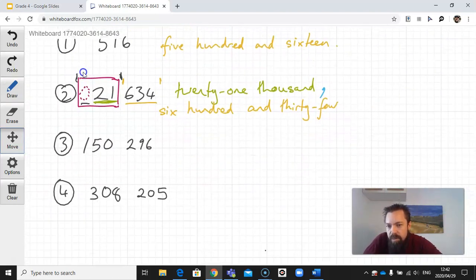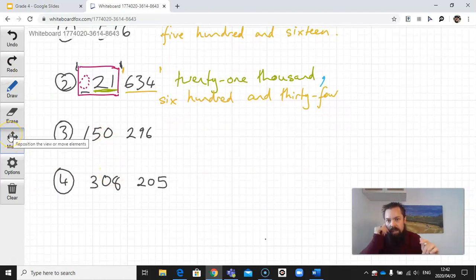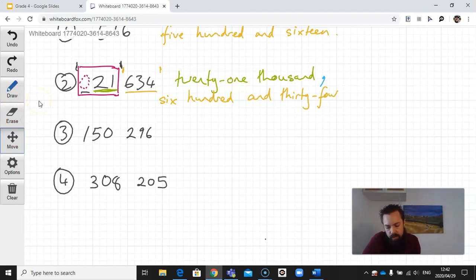Scrolling down to do the next one. If you'd like to try this one on your own, then just pause the video while I do it, and you can then play the video again afterwards. So again, looking at my houses, every 3 digits is a house. 1, 2, 3, 1, 2, 3. So we've got all of the ones from our units house and all of the ones from our thousands house. We're going to start off by reading the ones in our thousands house.